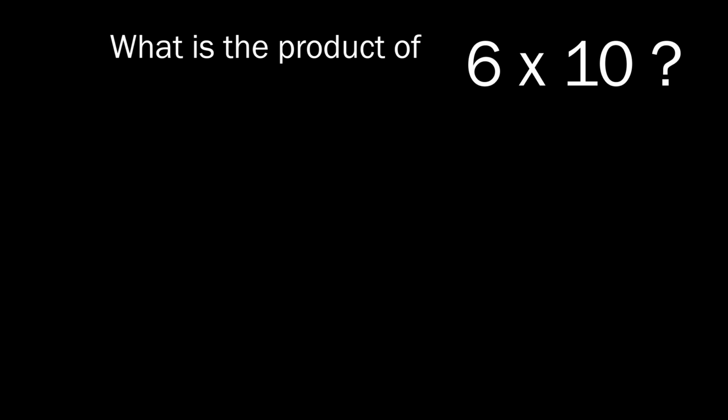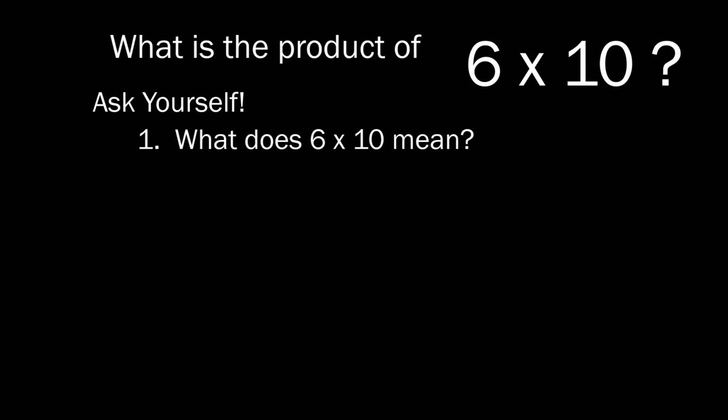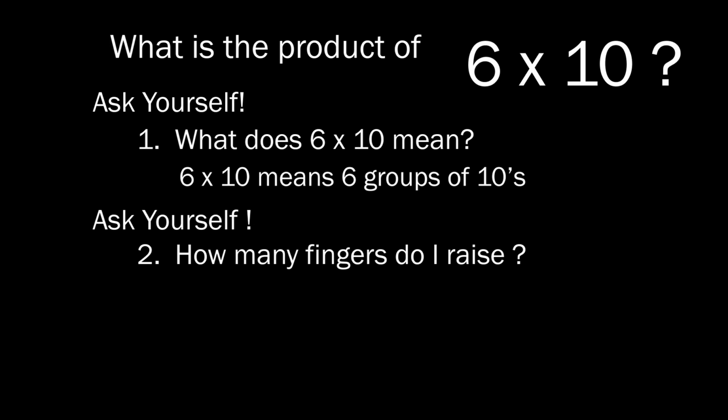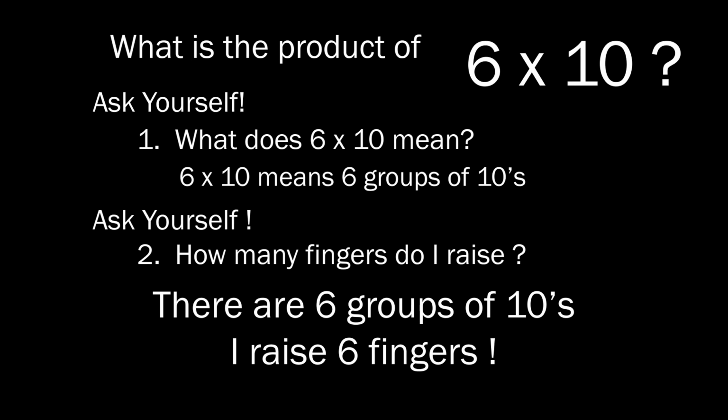What is the product of 6 times 10? What does 6 times 10 mean? 6 times 10 means 6 groups of tens. How many fingers do I raise? There are 6 groups of tens, therefore I raise 6 fingers.